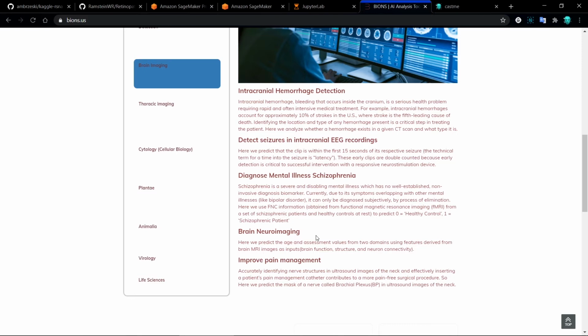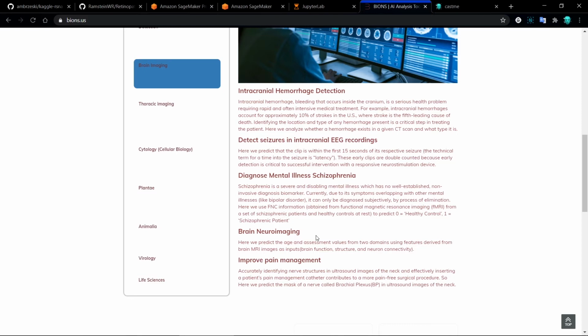That's the FNC information we grab from these fMRI images, and we have to classify between a patient who is healthy and one who is schizophrenic.